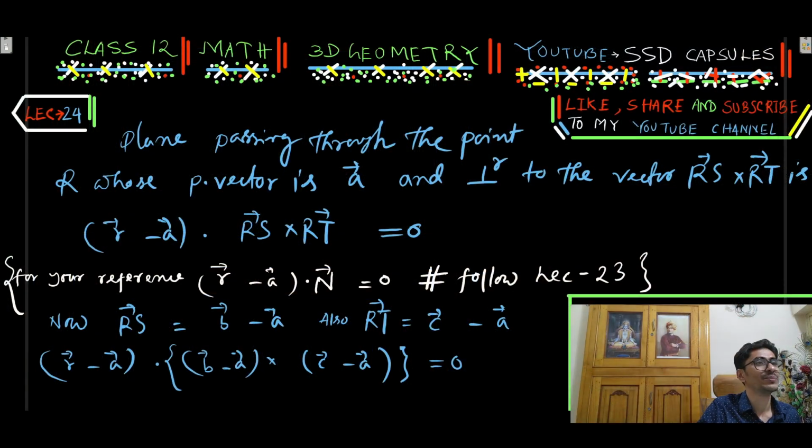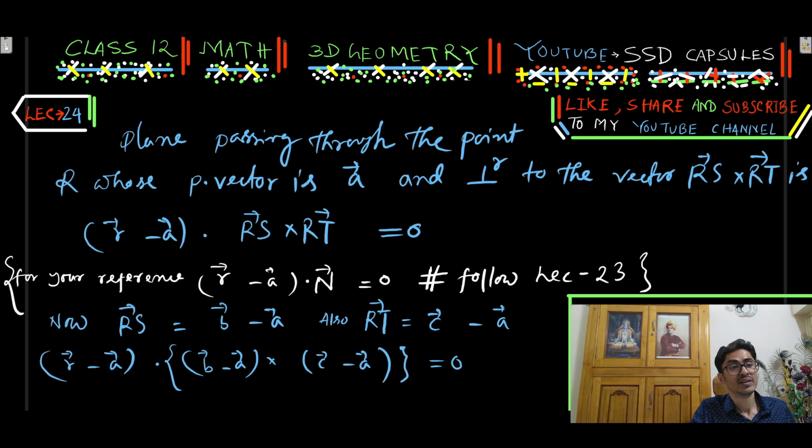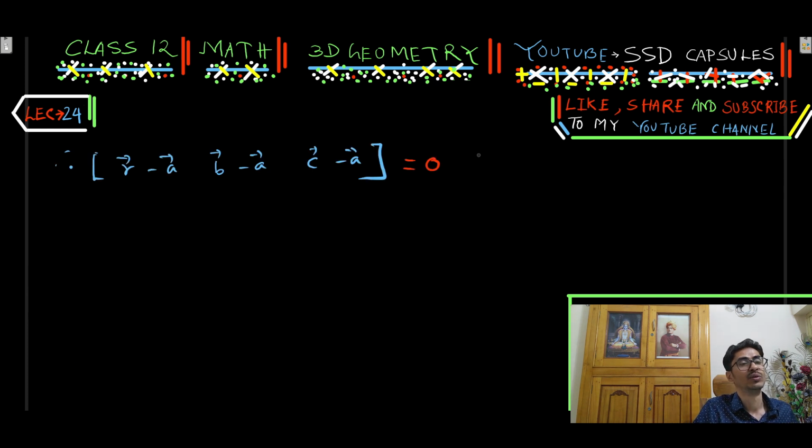So now it can be written as: r vector minus a vector, B vector minus a vector, C vector minus a vector. See the previous page. So this is nothing but the scalar triple product or box product, equal to 0.